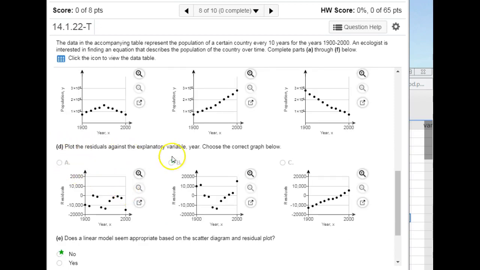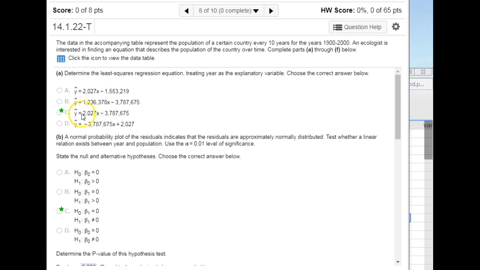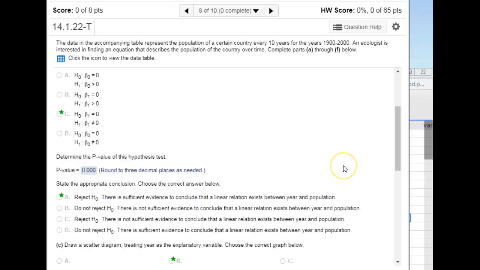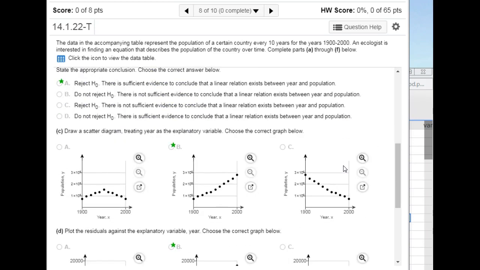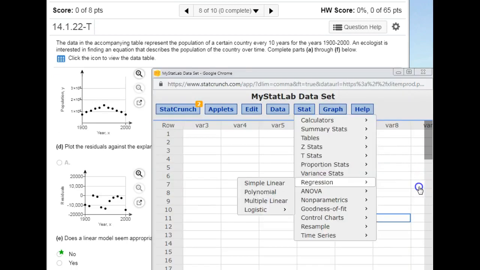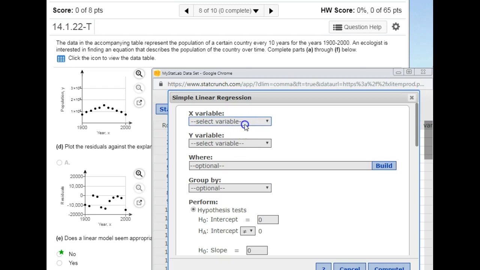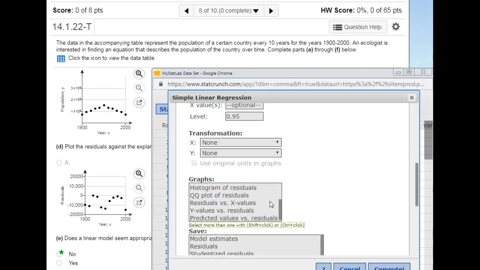Then for D, we want to actually look at the residuals. So that's measuring how far off the actual Y values of the data are from these predicted values we're getting back with this equation. So to do that, we want to go to stat, regression, simple linear, and if you scroll down, you'll have the option to do the residual plot as a graph.